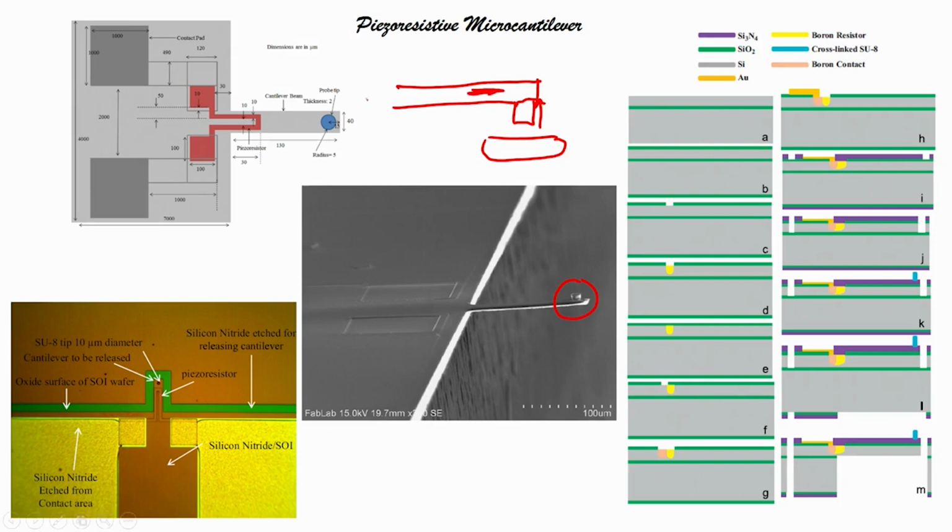and this cantilever has a piezoresistor. So, depending on how much this cantilever deflects, we could see the change in this resistance. That is the role of this piezoresistive micro cantilever. We have seen that when we apply a force onto this micro cantilever, there is a change in the resistance.